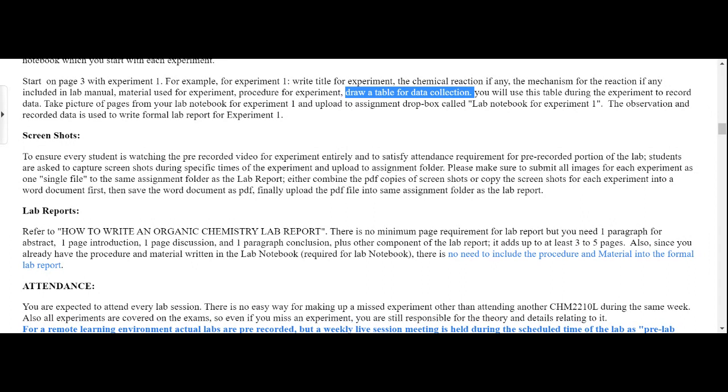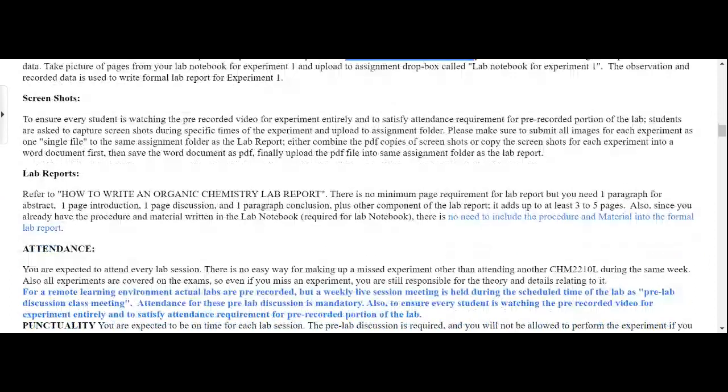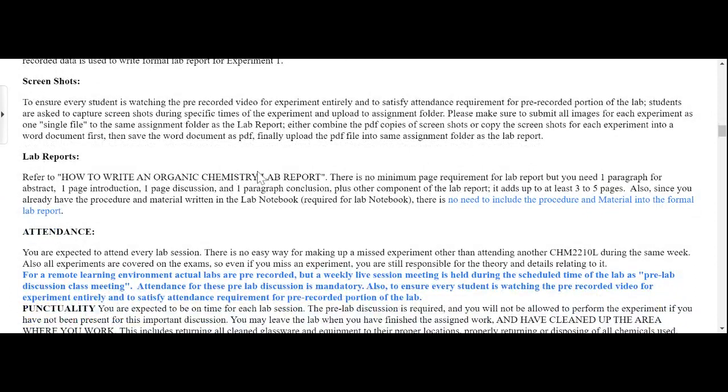It's faster for grading, because if you submit 5 images, then 5 times I have to open the document and close the document, and it's going to take longer. I don't take single images. I want one document with all the images for the screenshots. The screenshots go to the same assignment folder that you have your lab report.